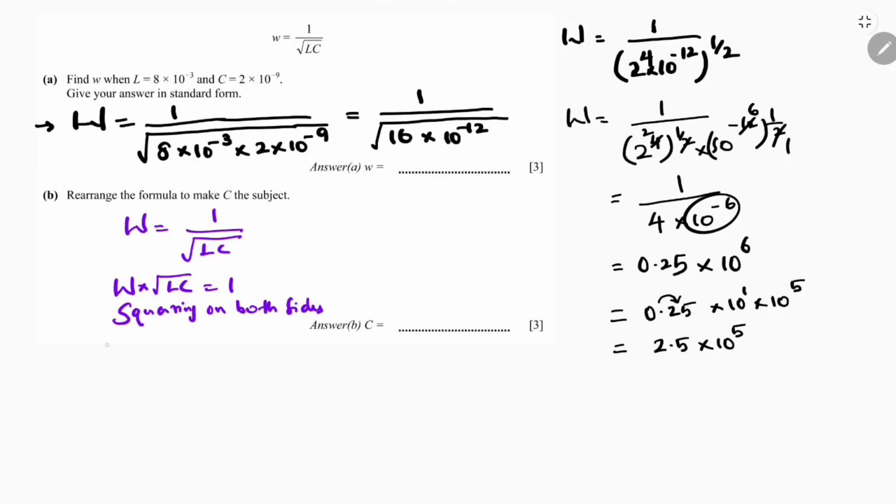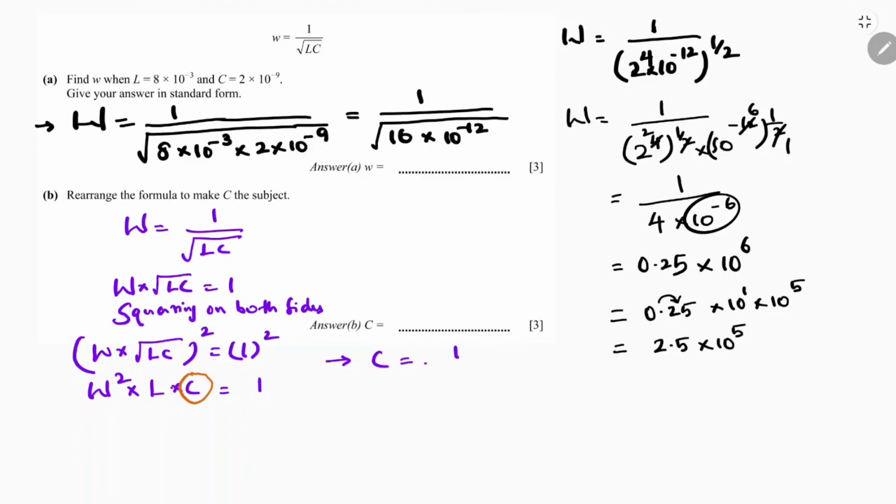So here W into root LC whole square equals 1 square. So we'll get W square, and square and root will get cancelled. L into C equals 1 square, which is 1. So from here, I need to make C the subject.